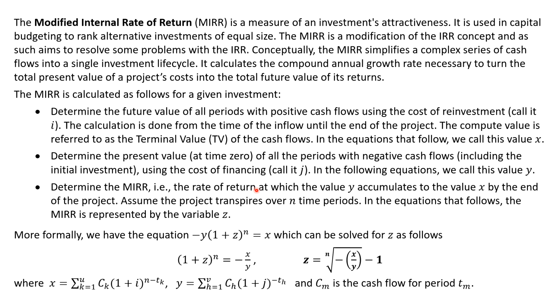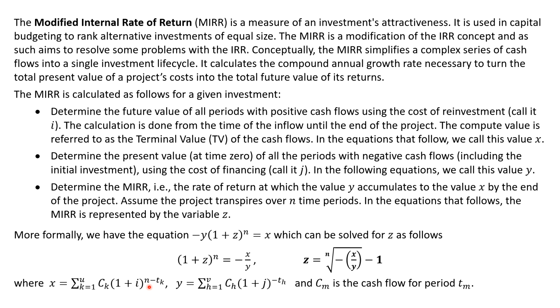And that's the value X, which is down here. So you notice the I is the cost of reinvestment, or the value you can get from reinvesting. And then it's from that end of the period to the end of the project. So that's why you have N minus T sub K here. T sub K is the end of the period.